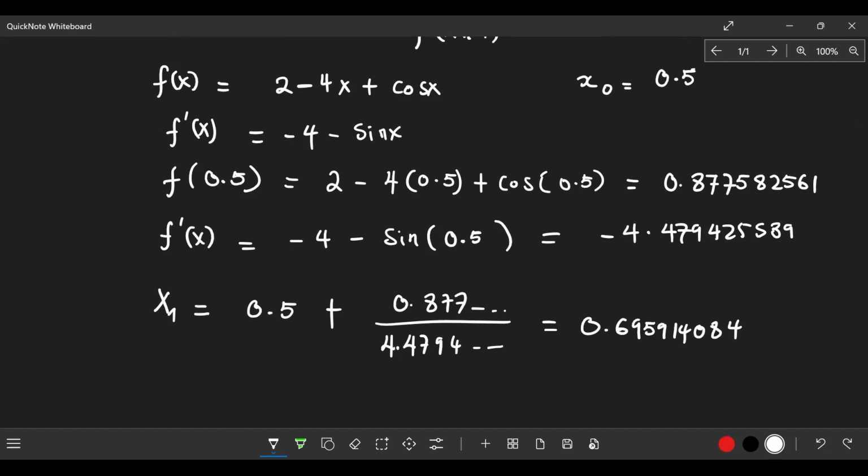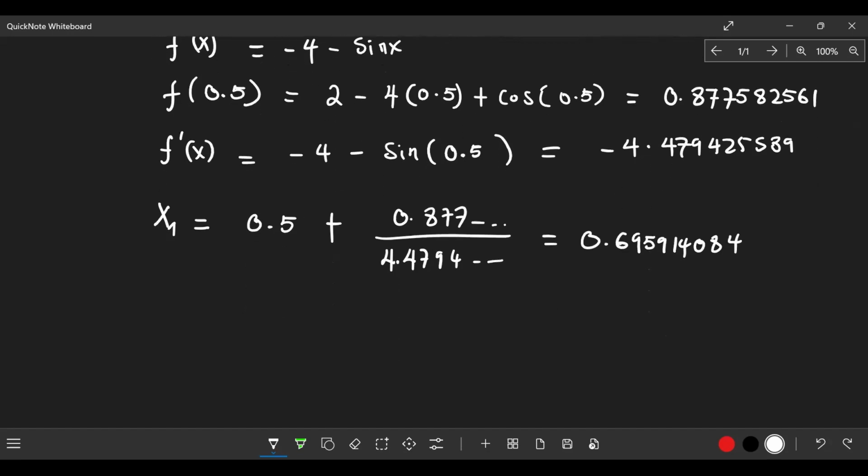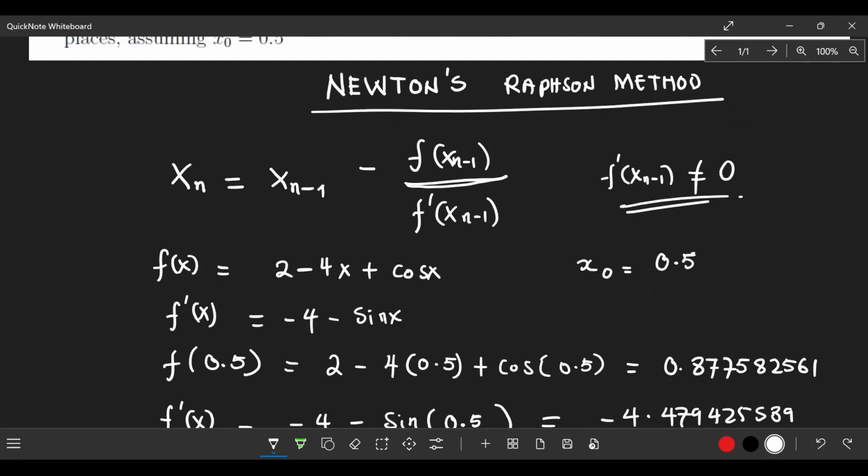That's the x1. Is that the absolute value, or have you just forgotten the negative? Remember that here there was a minus, and this one also brings a minus, making a positive. Oh, okay, yes.